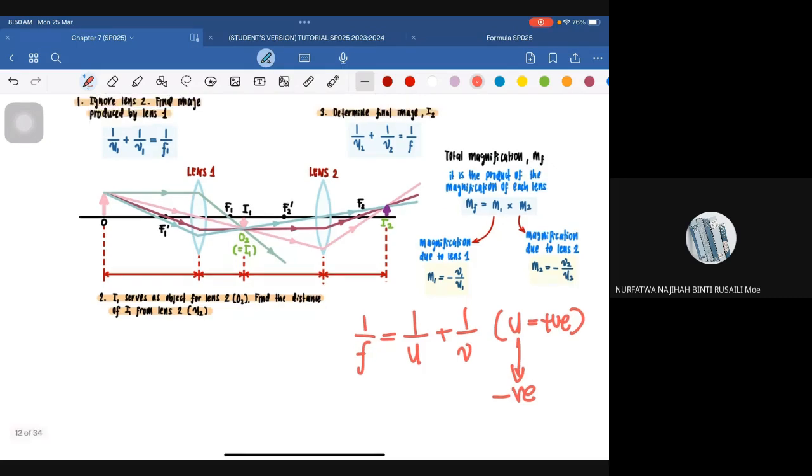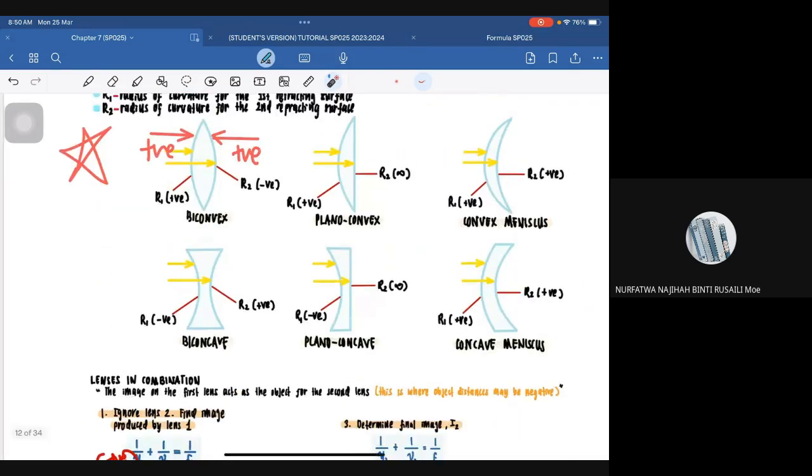Okay. So, contohlah, untuk lens pertama ni, objek ni memang sentiasa akan berada di depan lens. Okay, so bila dia di depan lens, U kita di sini ni mestilah jadi positif. Kan? Okay. Selepas kita dapat image distance, image distance ni either positif atau negatif lah. Okay, tapi kalau dia positif, kita panggil dia apa?